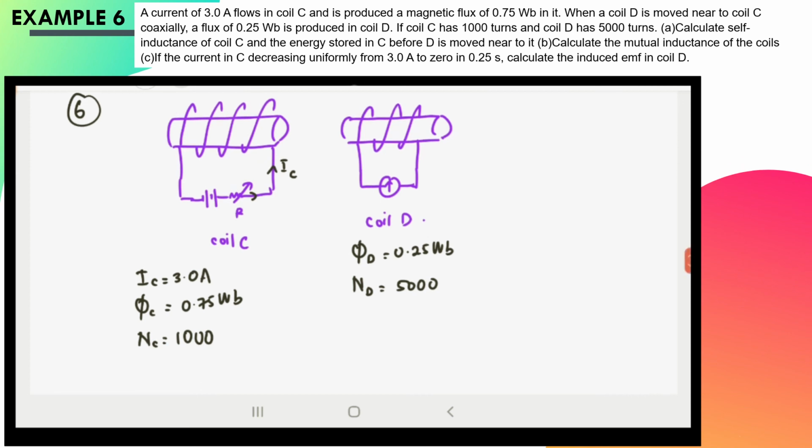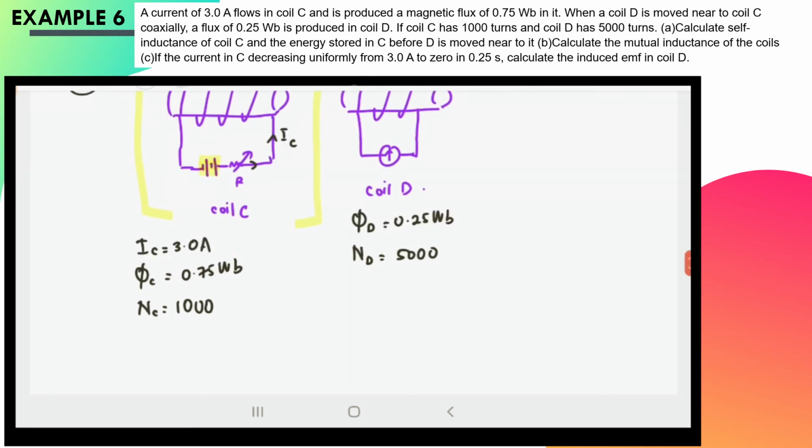As we know, coil C will undergo self-induction, since the source of voltage is connected in coil C. So when the amount of current in coil C is increased or decreased, coil C will undergo self-induction. So let's calculate first the self-inductance of coil C.